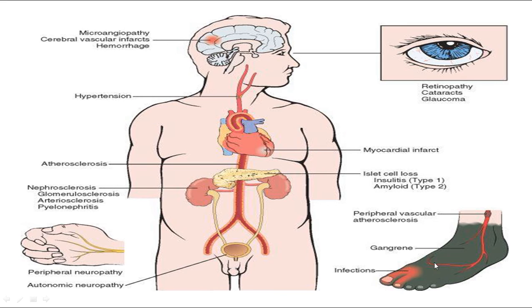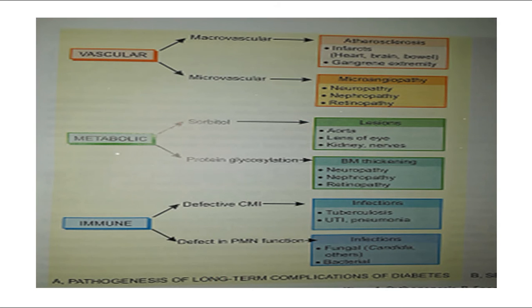This explains gangrene due to atherosclerosis of the distal blood vessels of the leg. Gangrene is also predisposed to infection due to ischemia, and myocardial infarction occurs in diabetes mellitus. Sometimes diabetes causes retinopathy, cataracts and glaucoma. So it involves all the systems, mainly the eye, kidney, heart and CNS.